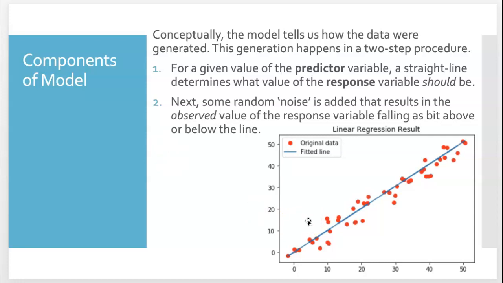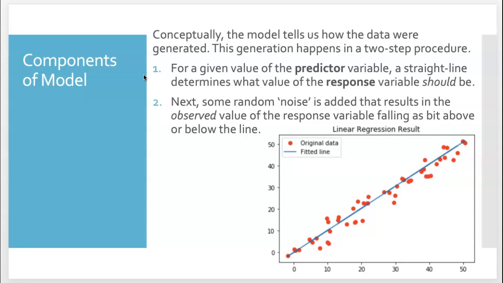Well, there's a two-step procedure. Okay, one is for a given value of the predictor variable, a straight line determines what value of the response variable should be. So in here I put should be because it's really more or less like the average or typical value. Okay, so it means if you had a bunch of different outcomes for a given predictor value, what our line does is give the average.